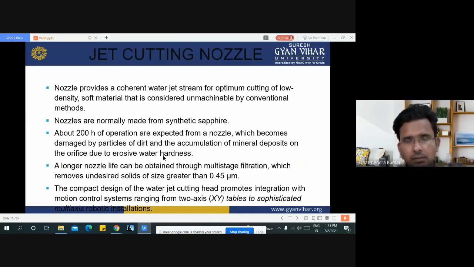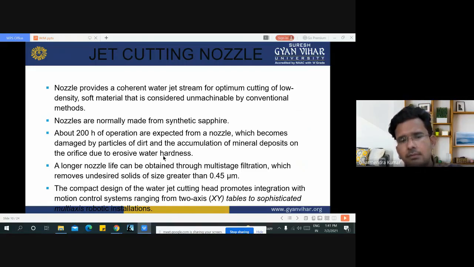Now here are some functions of the jet cutting nozzle. It provides a coherent water jet stream for the optimum cutting of low density soft material that is considered unmachinable by conventional methods. The nozzles are normally made from synthetic sapphire.